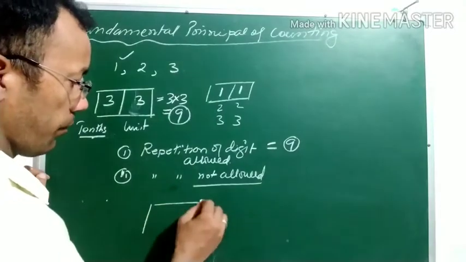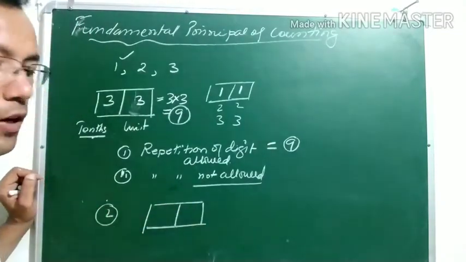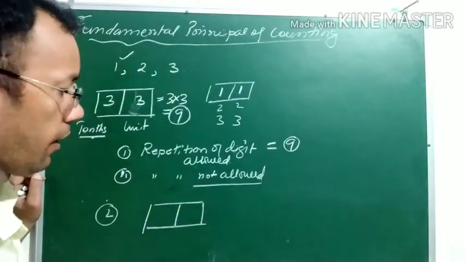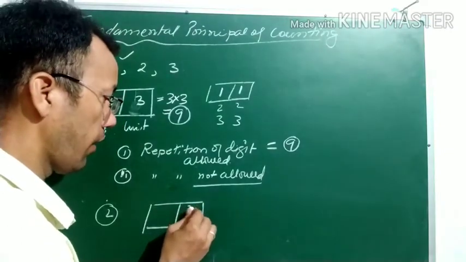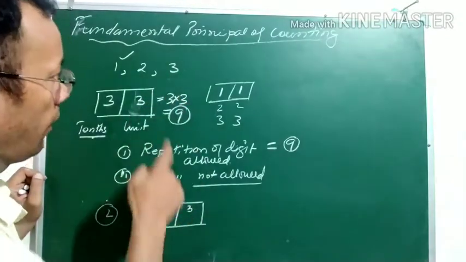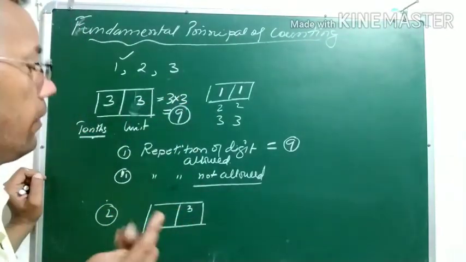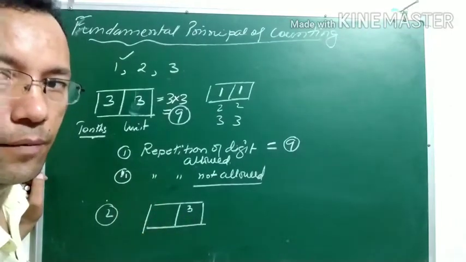Now case number 2: if repetition of digits is not allowed. For the unit digit, I have 3 choices. I can write 1, or 2, or 3.